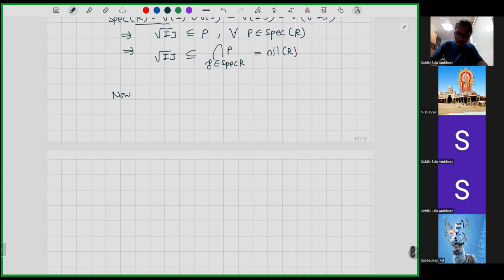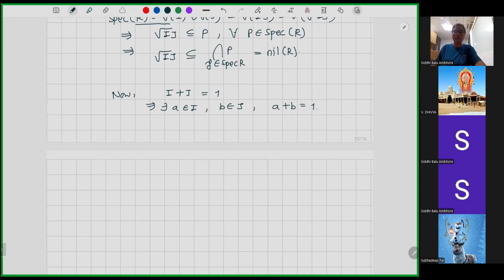Now since we know that I plus J is 1, this implies there exist a in I and b in J such that a plus b is 1.